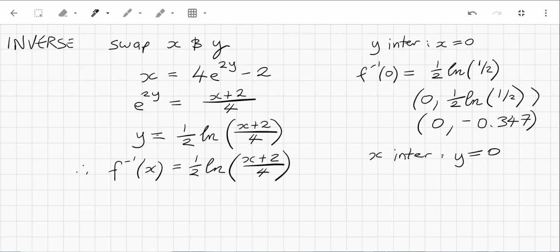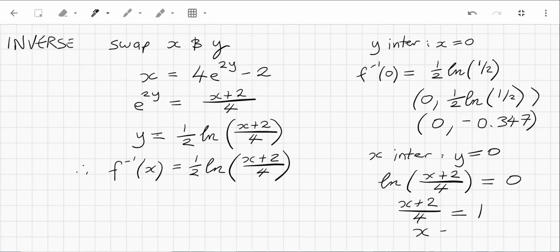And the x-intercept, y equals 0. Ln of (x plus 2) over 4 equals 0. I've divided that half away. (X plus 2) over 4 is equal to e to the power of 0, which is just 1. So it's rearranged the log, which then gives me x equals 2.